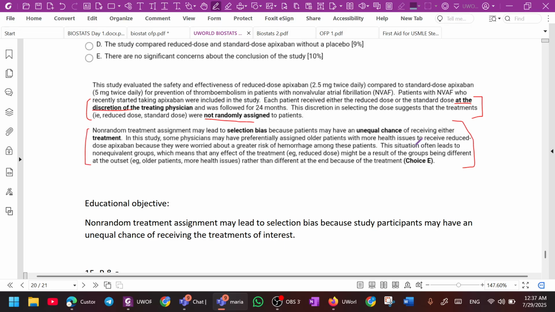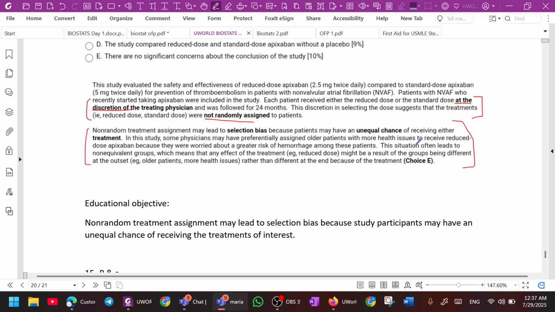Non-random treatment assignment may lead to selection bias because patients may have unequal chance of receiving either treatment. In this study, some physicians may have preferentially assigned older patients with more health issues to receive reduced dose apixaban because they were worried about a greater risk of hemorrhage among these patients.